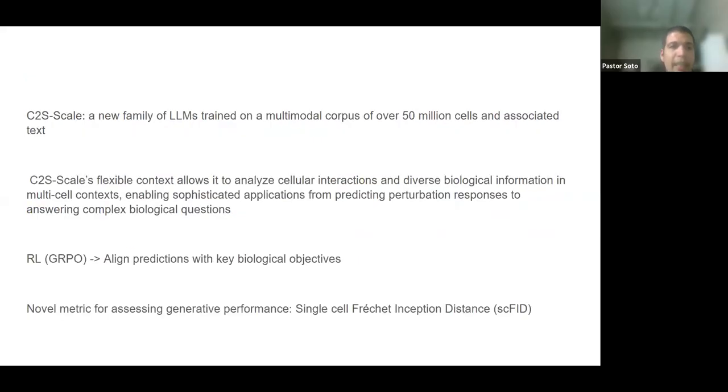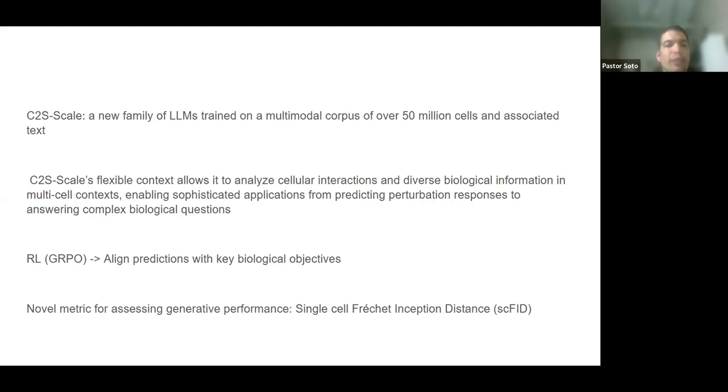Another accomplishment is C2S-Scale, a new family of large language models trained on a multimodal corpus of over 15 million cells with associated text. They also allow flexibility in the context to analyze cellular interactions and diverse biological information in multi-cell contexts.